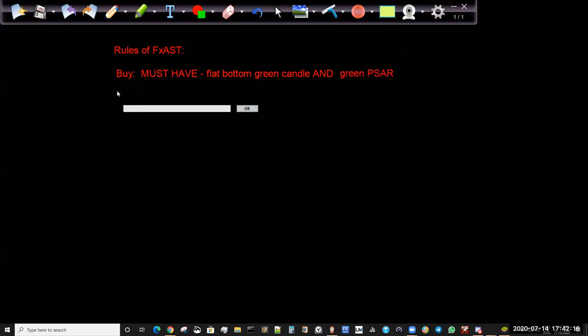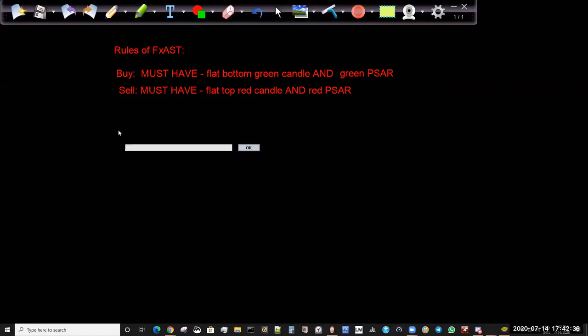To sell, must have flat top red candle and red SAR. Okay? Simple. Simple rules. As I said though, for beginners, buy, price must be above 50 EMA.